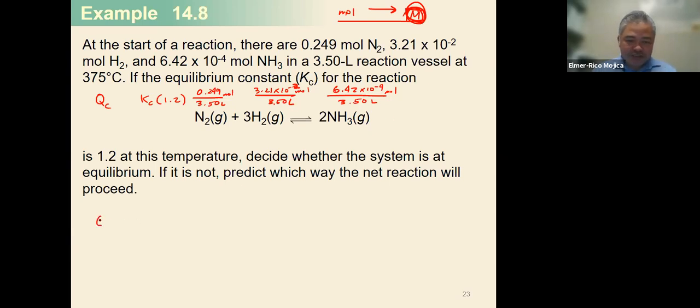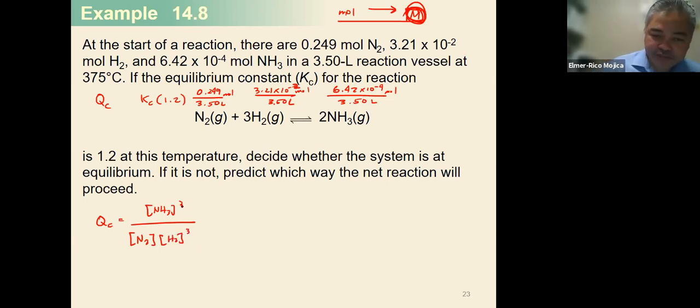Now, if you're going to look at the Qc, it's just the same as the Kc. So it's just NH3 squared over N2 times H2 to the 3. And all you need to do is replace it with whatever answer that you get there.